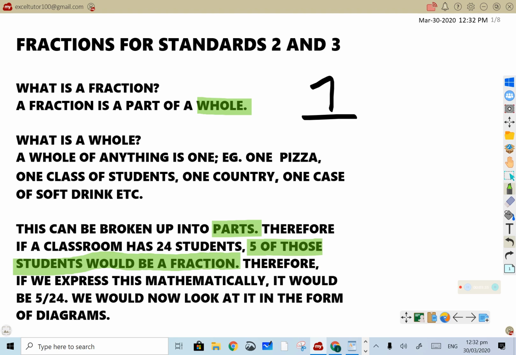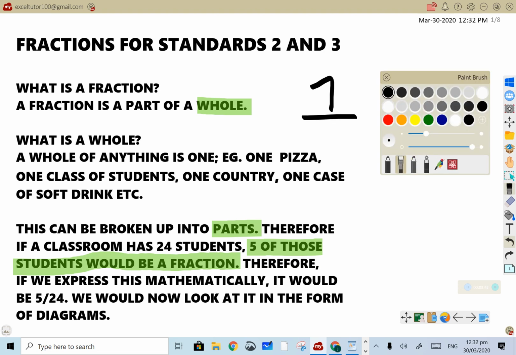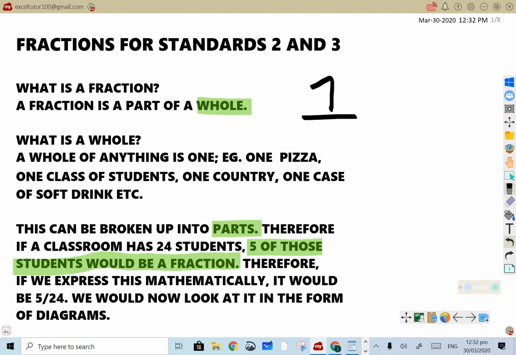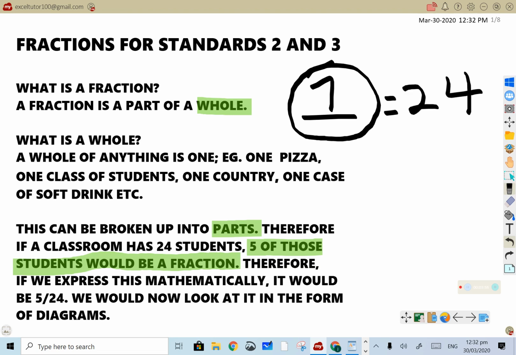So say supposedly we had a class, which is 1. Okay, 1 class. However, we have 1 is equal to 24. So we have 24 students. Okay, so the classroom is 1. 1 is equal to 24.